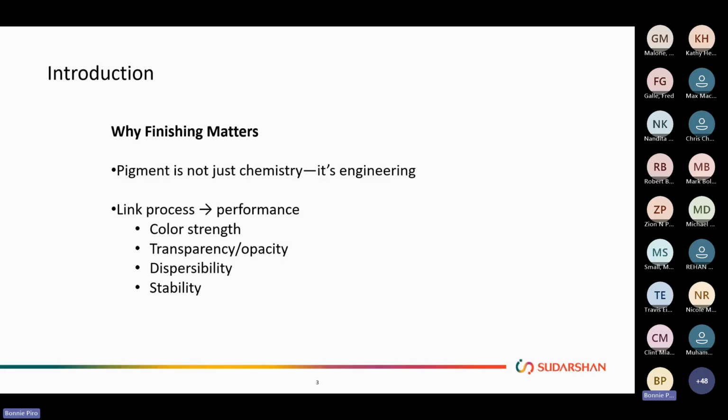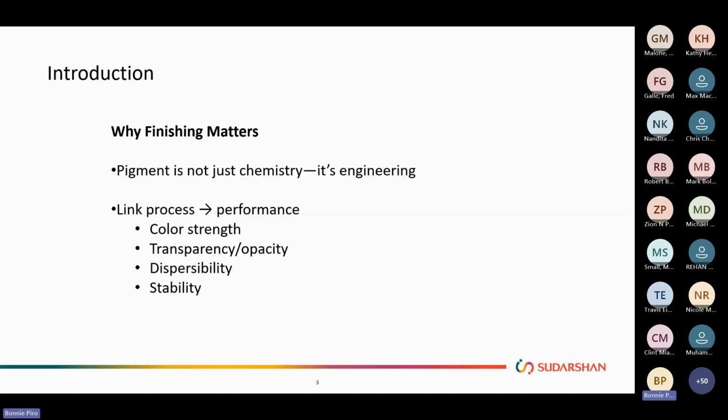So the finishing links the process to the performance. That includes, and by no means is this an exhaustive list, but primarily includes color strength, transparency or opacity, how well it disperses, and then stability of that particular pigment in the final formulation.